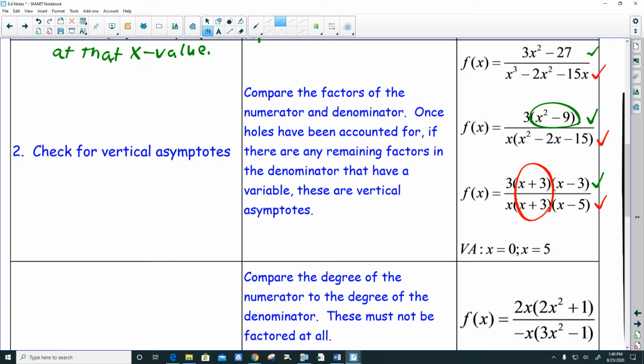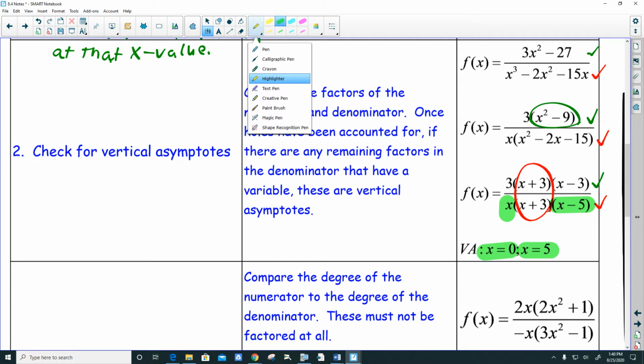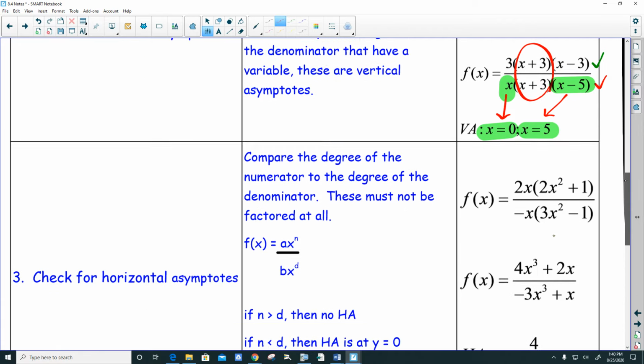Okay, but you'll notice that I used up one of the factors that was in the denominator. However, there were still 2 factors left in the denominator that had variables in them, and that's where I was getting these 2 vertical asymptotes that you see here. Okay, keep in mind, if there is just an x by itself, that is what is producing the vertical asymptote of x equals 0, and this one is x equals 5. Okay?